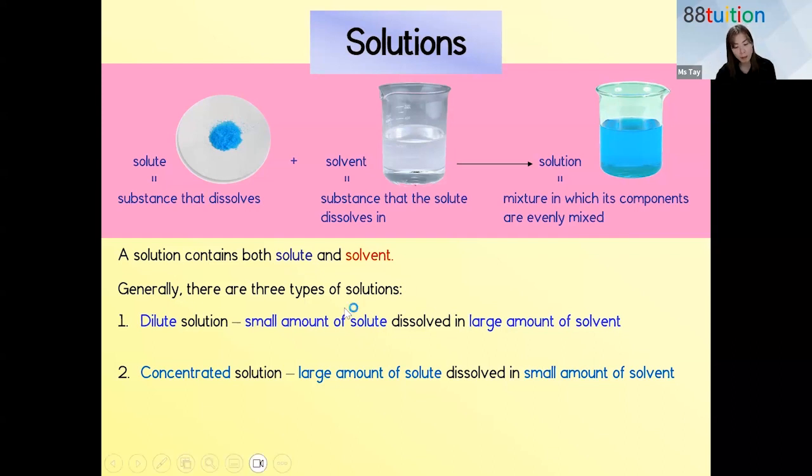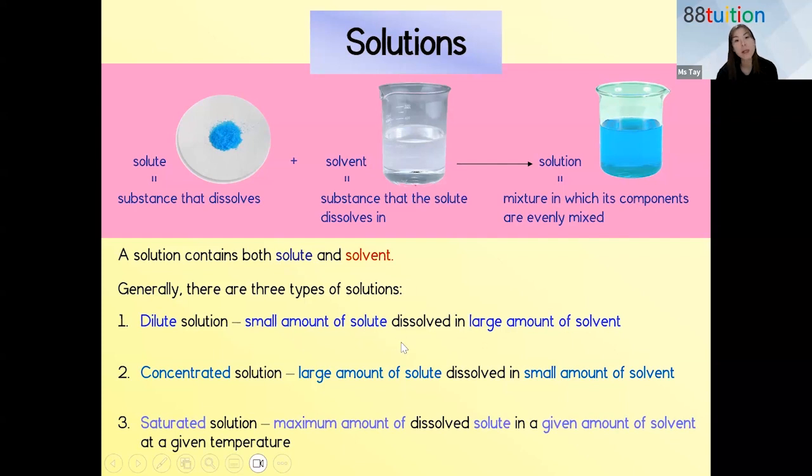The next type is called the saturated solution. Saturated solution means I add the sugar in until the sugar can no longer dissolve. They say here, maximum amount of dissolved solute in a given amount of solvent at a certain temperature.